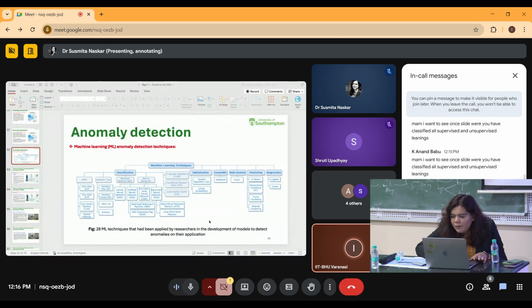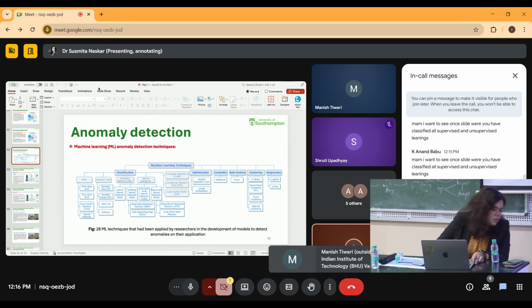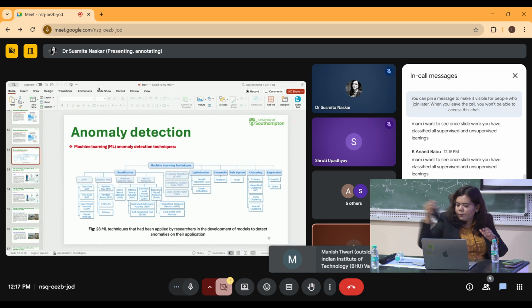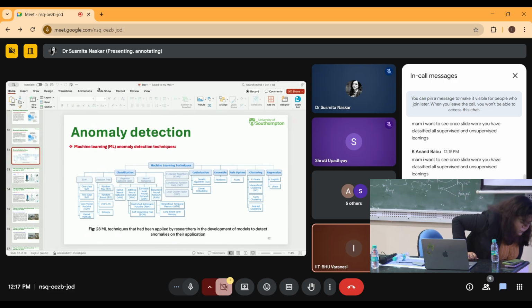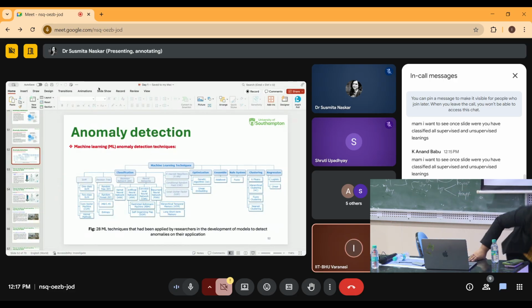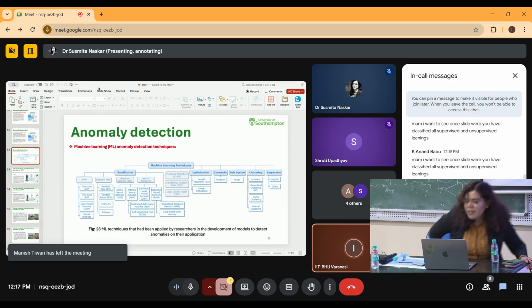Yeah, so I have shared the slide where all these details are. I think you have already seen this. It is visible. I'm just trying to show you all as well.